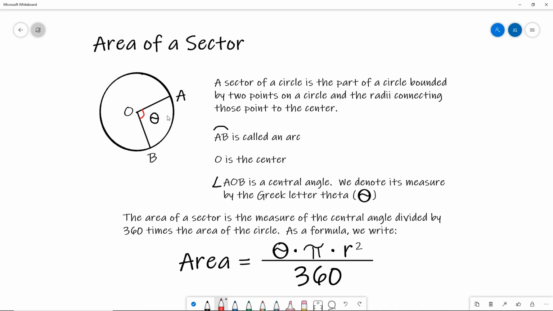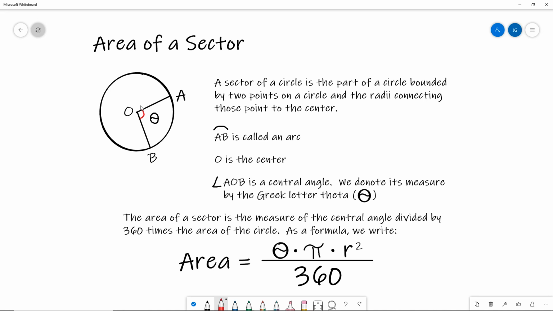The measure of that angle we will call the Greek letter theta. So here my sector is defined by also a radius, the length of the radius, as well as the measure of the central angle. And that's what we really need to use to find the area of a sector.